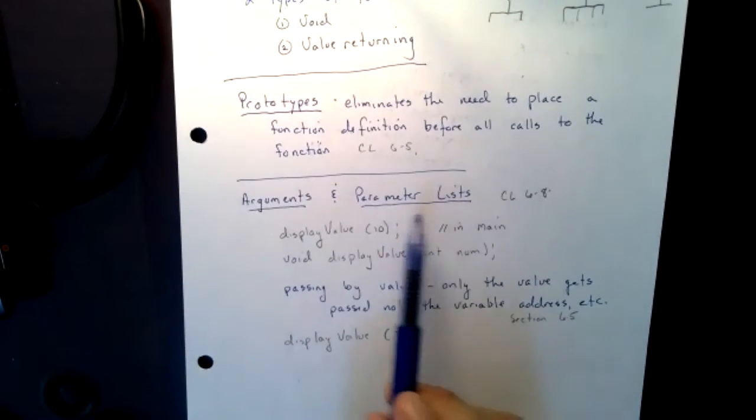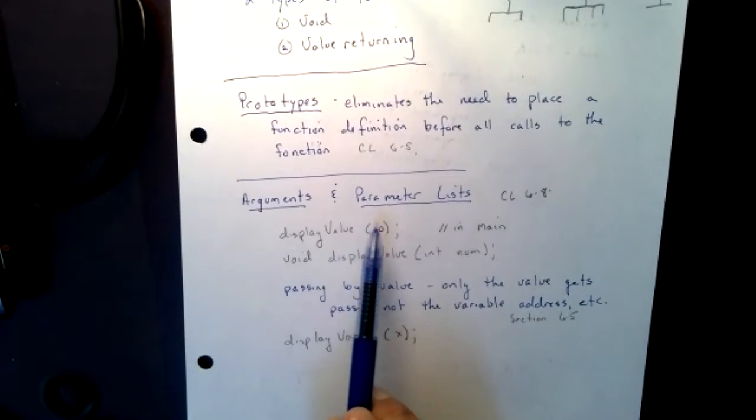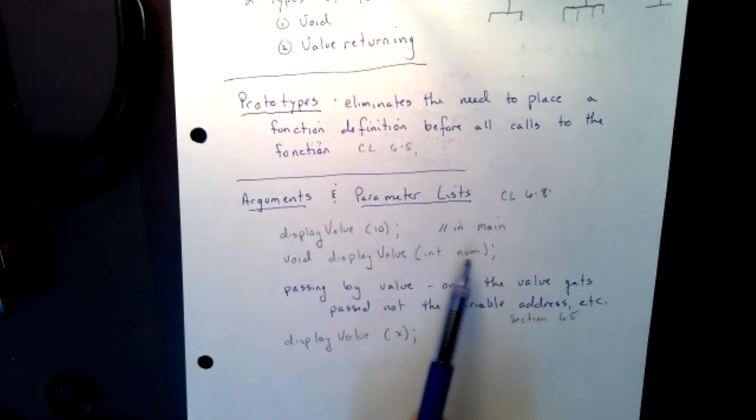Right now, everything we do is we pass by value. The 10 flies through the air and lands in here. Whatever I call it with, whatever my argument is, it flies through the air and lands, but it doesn't change back here. Only the value gets passed. And we took a look at that in one of the code listings, 6.8.